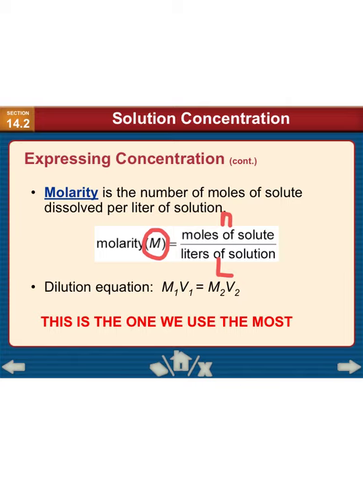One of the useful applications of this idea of concentration is the dilution equation, which is one that we will take a look at in a few minutes. So this is a useful equation as well.